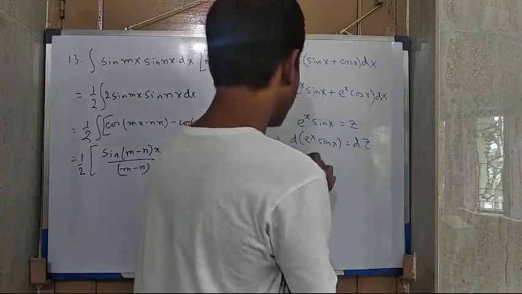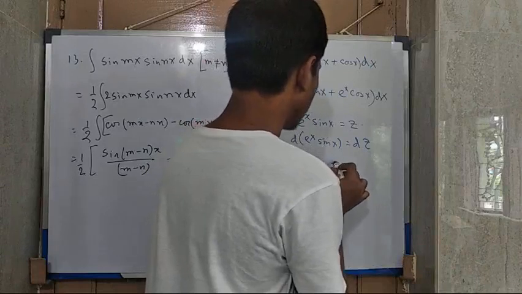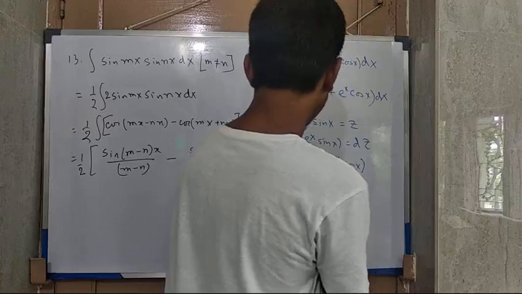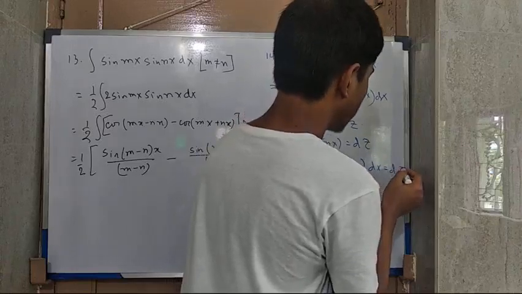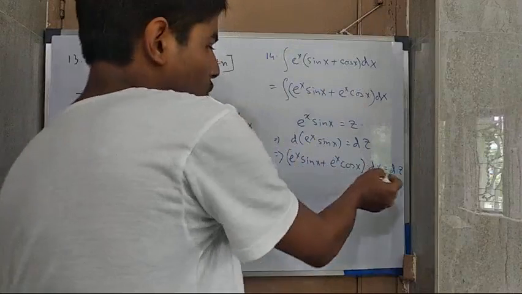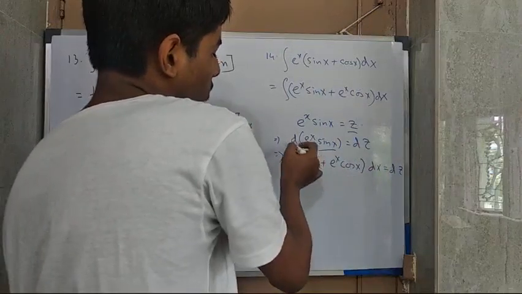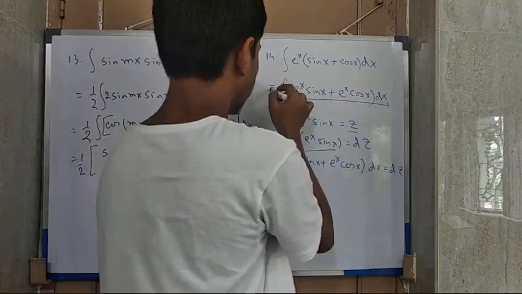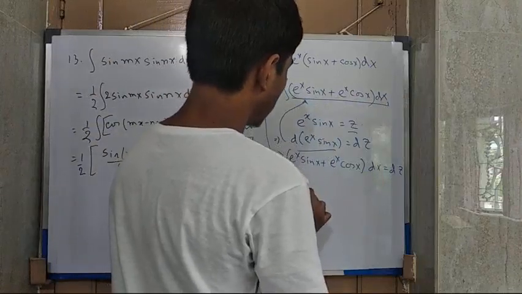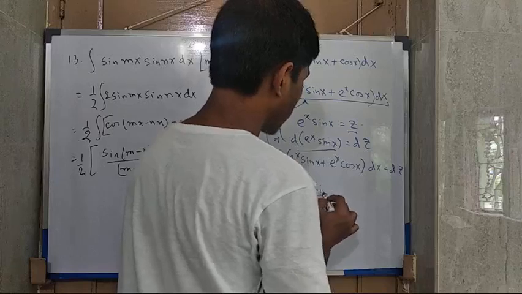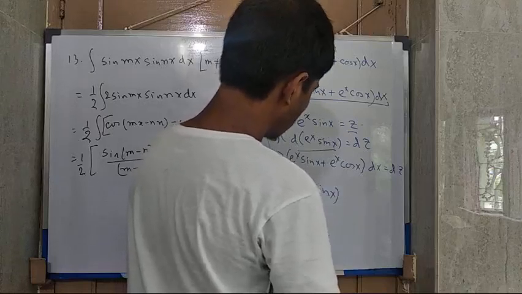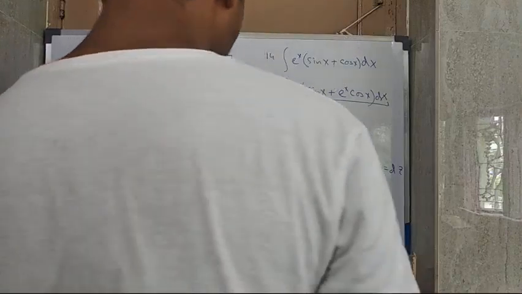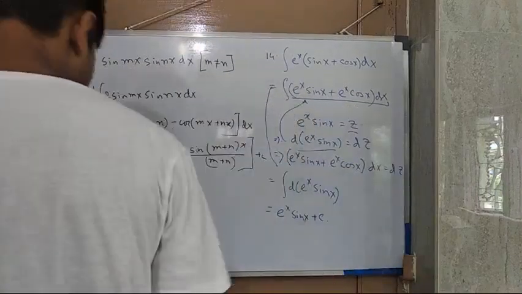So dz equals e to the power x sin x plus e to the power x cos x times dx. That means we don't have to substitute; we can just put this in the total thing. This becomes the integral of d of e to the power x sin x, so this is e to the power x sin x plus c. So this is our answer for the 14th integral.